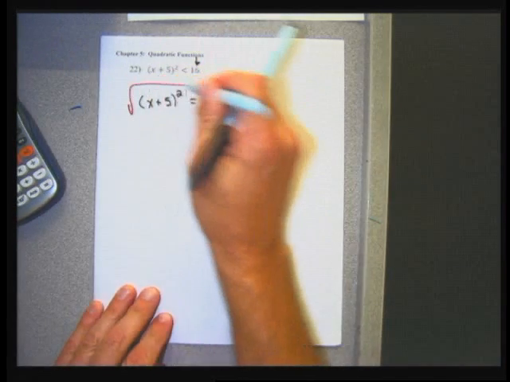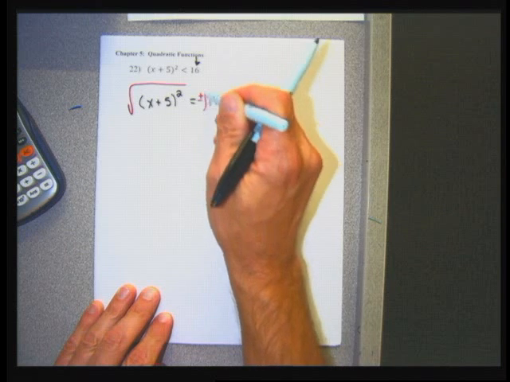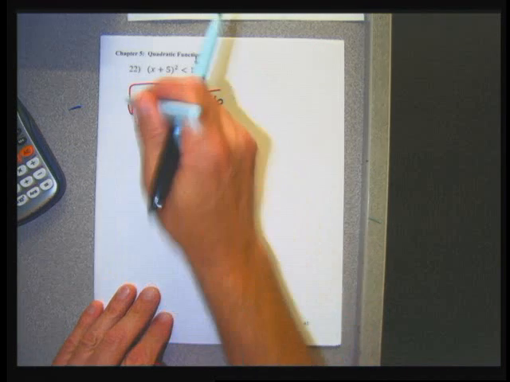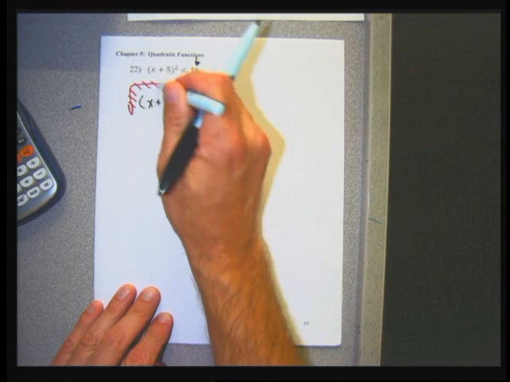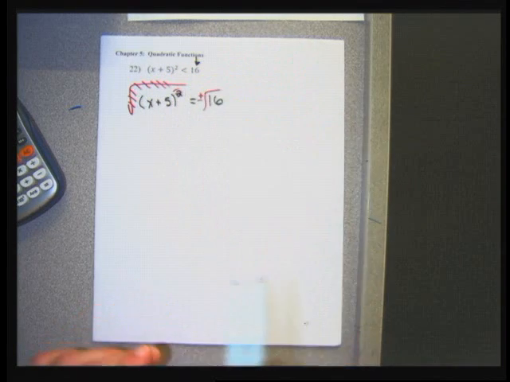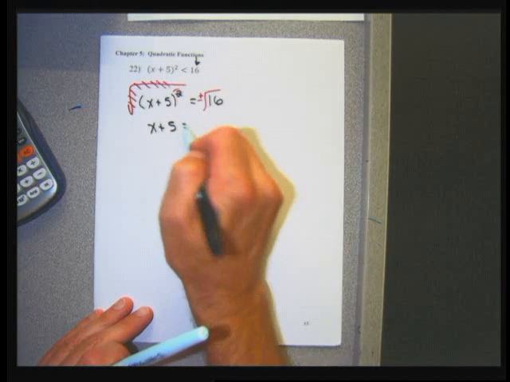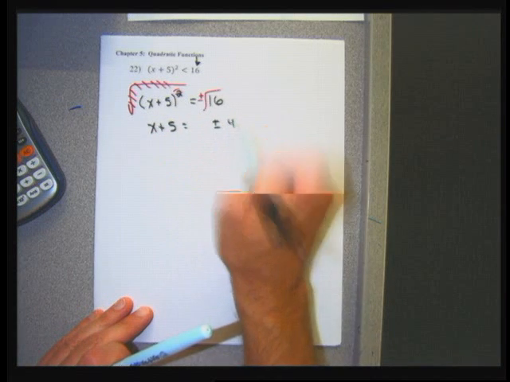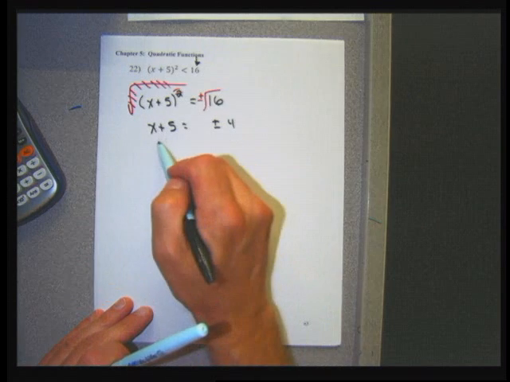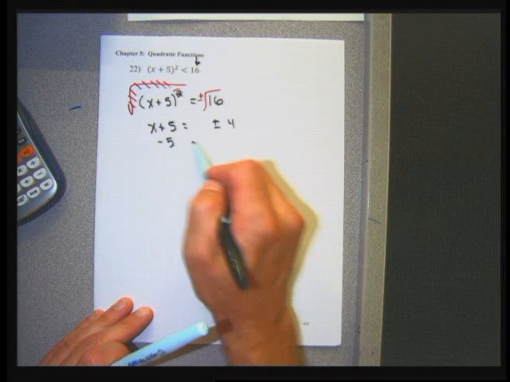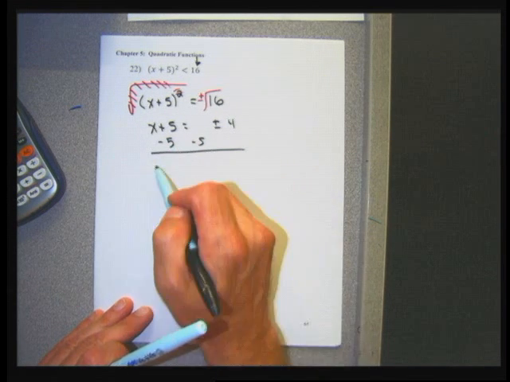So I'm going to solve this by square rooting, plus or minus square rooting. On the left side, the squaring gets canceled out by the square root, leaves me x plus 5. On the right side, the square root of 16 is 4. I'm going to minus 5 from both sides. Hopefully you remember some of the math we did earlier in this chapter.